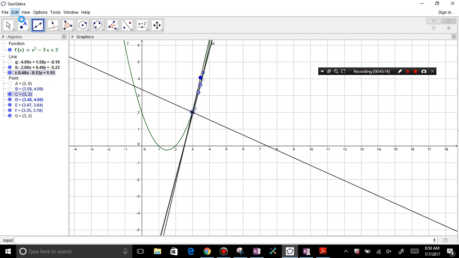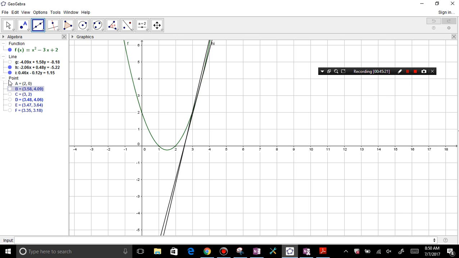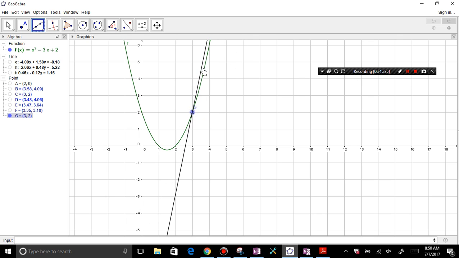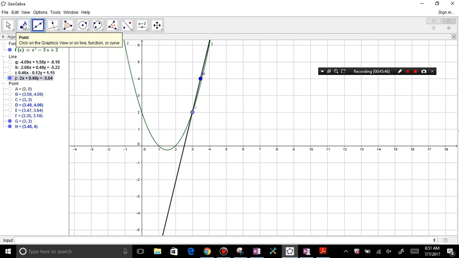So another way to do it is to just get rid of all of these and do this. I'm going to get rid of this one too, and that one. So I want to just find the slope between here and here, not there. The slope between here and there. And then what do I want to do?